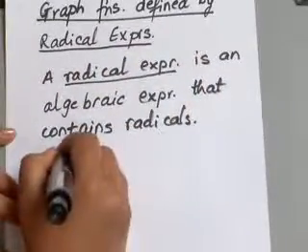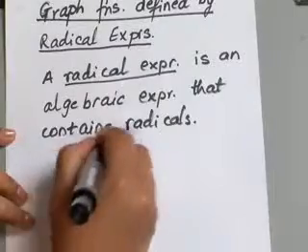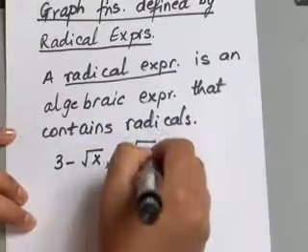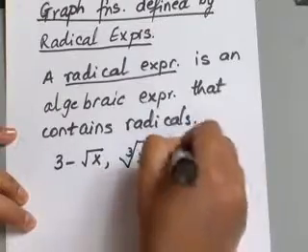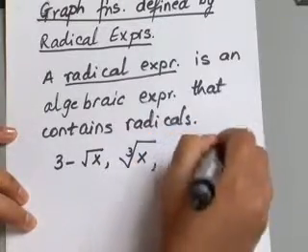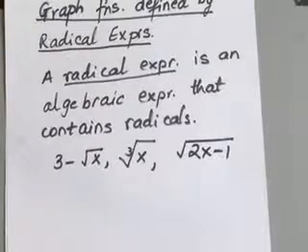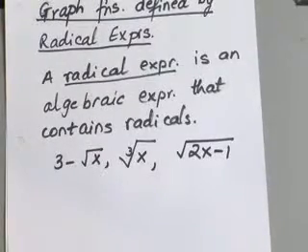So, for example, you can think of something like 3 minus square root of x, cube root of x, or maybe something like this, 2x minus 1. Basically, as the definition says, an algebraic expression that contains radicals.